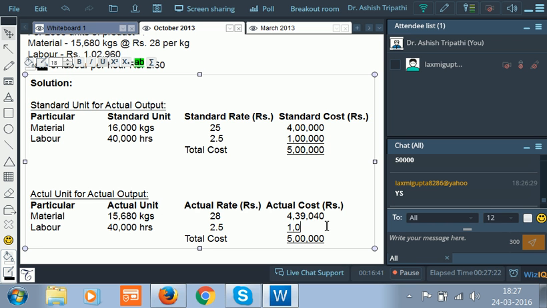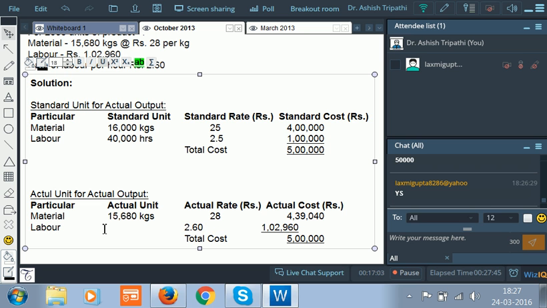Labor, the actual cost is 1,02,960. The rate of labor per hour is 2.60.